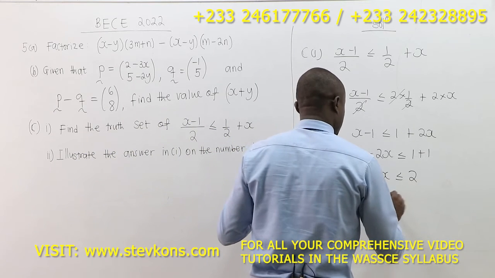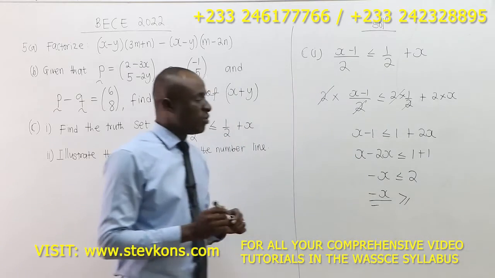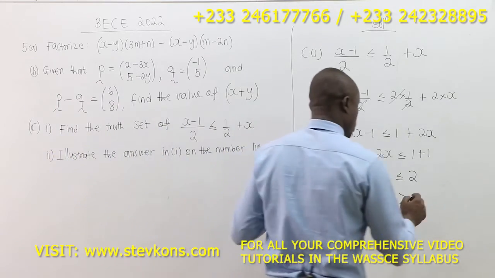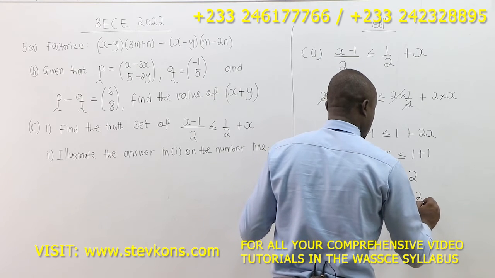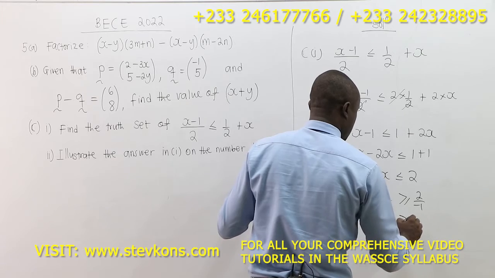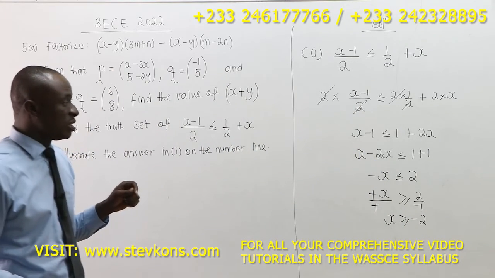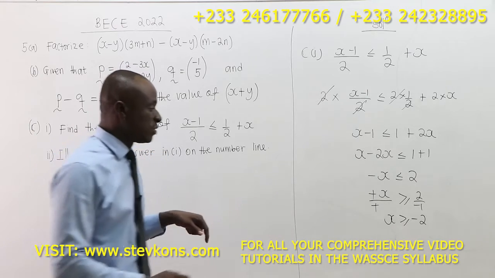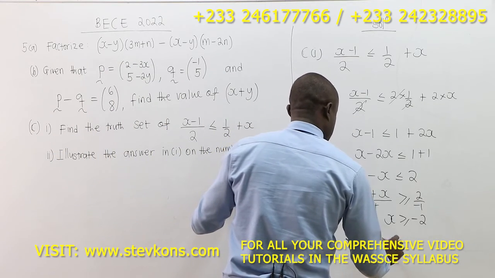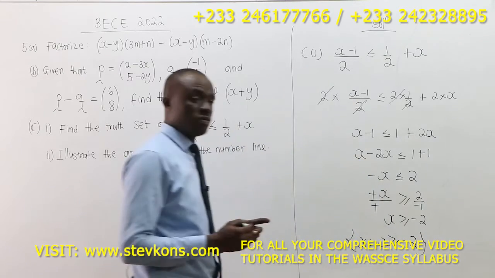Anytime we divide an inequality by a negative, the sign of the inequality changes. So we have 2 over negative 1. So clearly x is greater or equal to negative 2. The question is we should find the truth set. So hence the truth set is x such that x is greater or equal to negative 2.